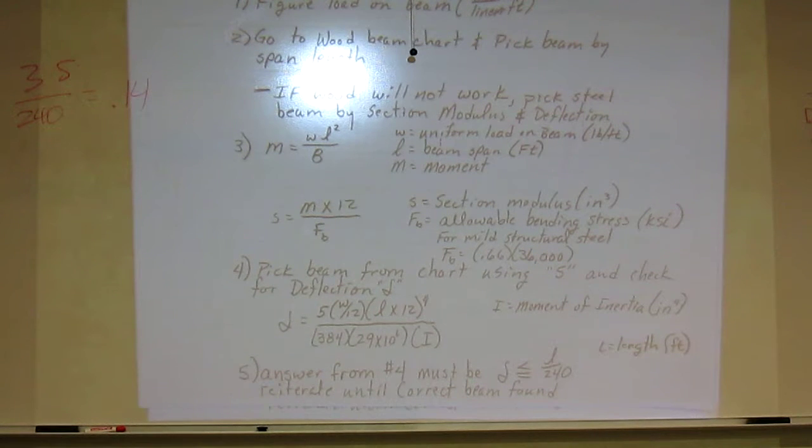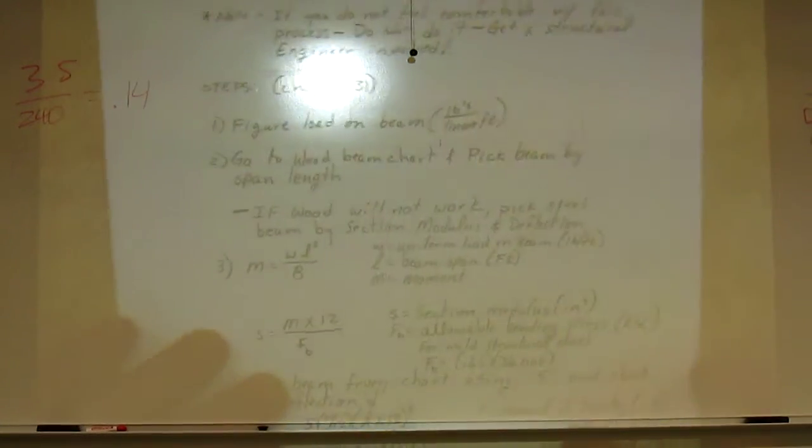Okay? Now, following this chart, I copied a W-beam catalog for you. As you come through those, let's just kind of real quickly look at the chart so you know what you're looking at.